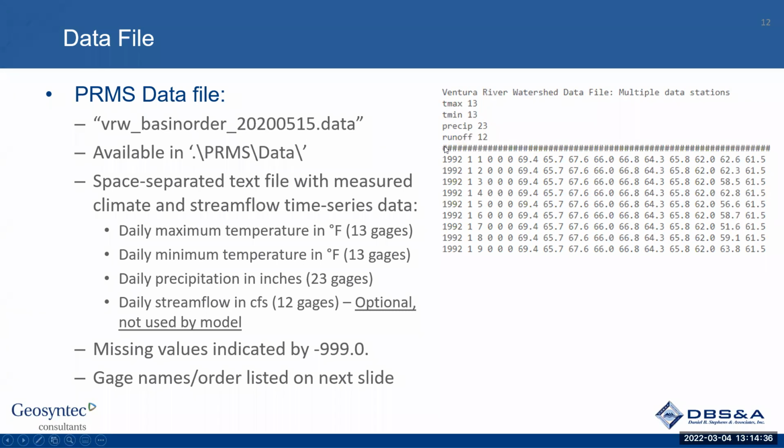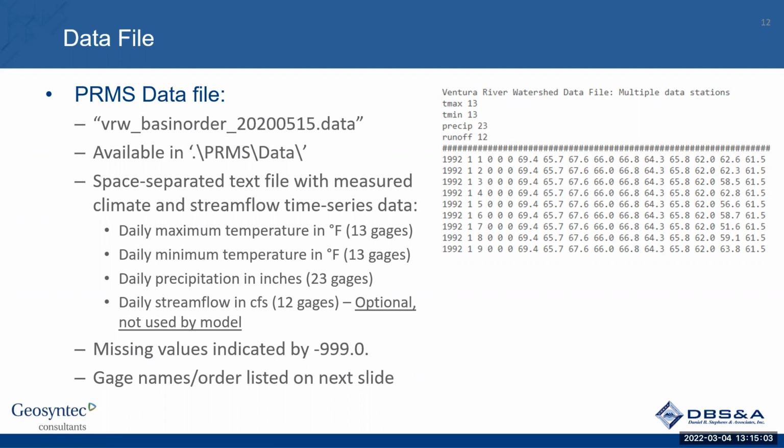So this has model climate inputs that drive the model. There are 13 inputs of maximum temperature in Fahrenheit, 13 inputs of minimum temperature in Fahrenheit, and all of these are daily inputs, and precipitation from 23 gauges, and stream flow from 12 gauges. The stream flow inputs are not actually used by the model.